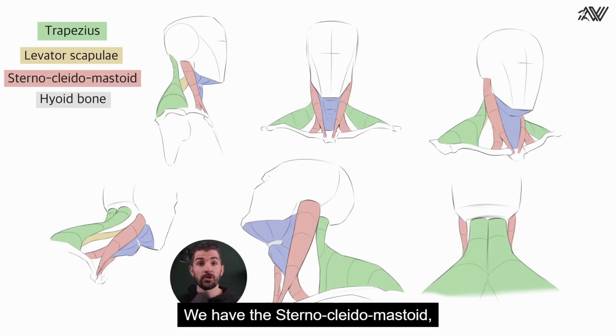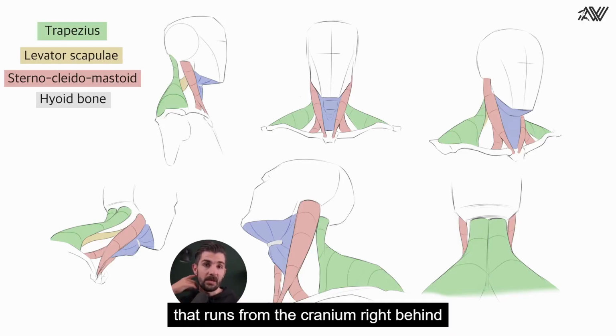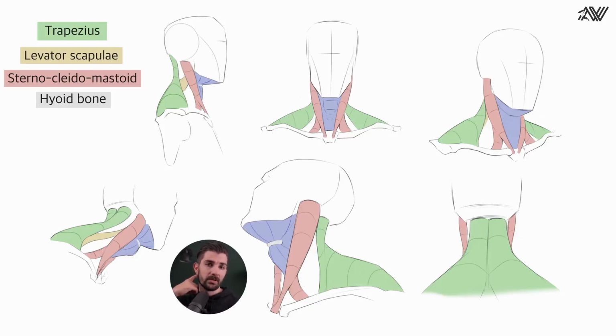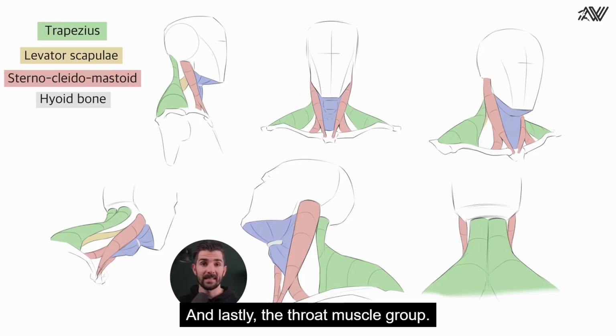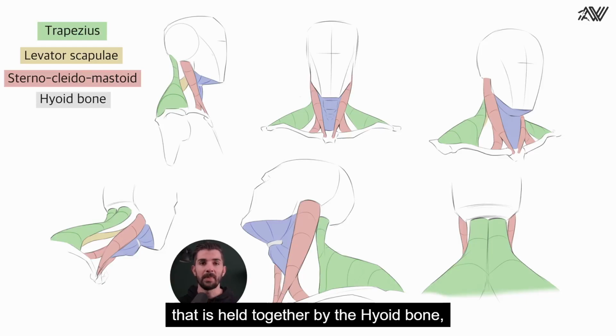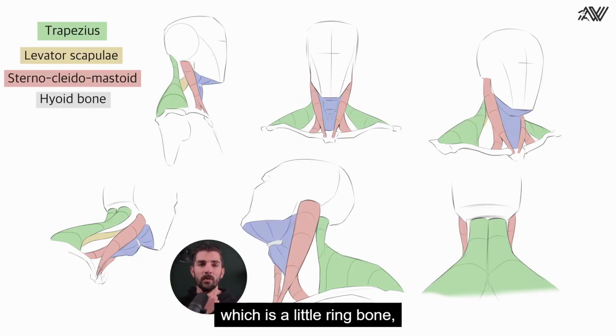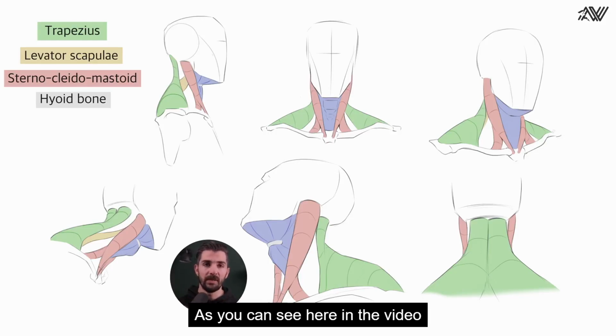We have the sternocleidomastoid, that big name muscle, that runs from the cranium right behind your ear, and the mandible, all the way to the center of the clavicle. And lastly, the throat muscle group, that is held together by the hyoid bone, which is a little ring bone. This bone acts as a ring that holds all of these muscles together, as you can see here in the video as well.